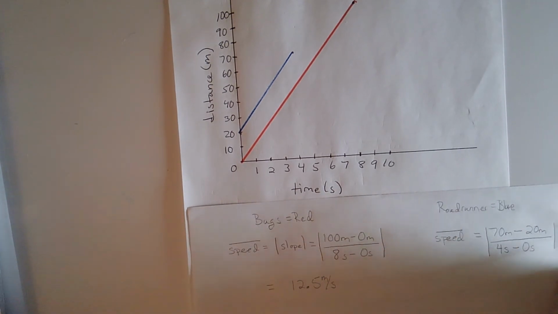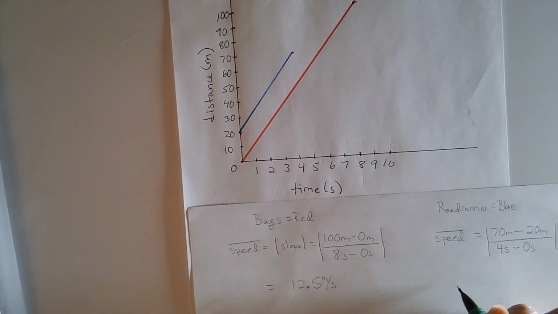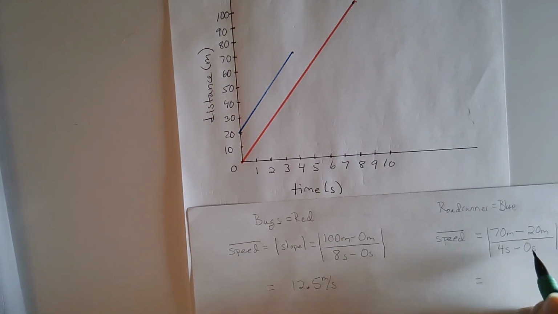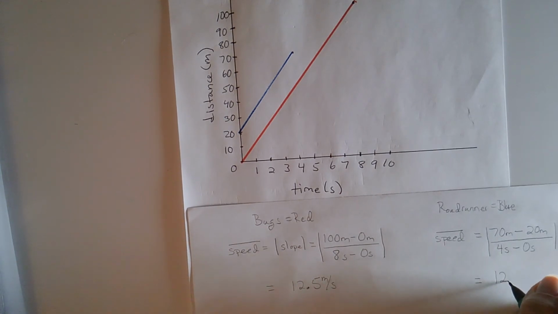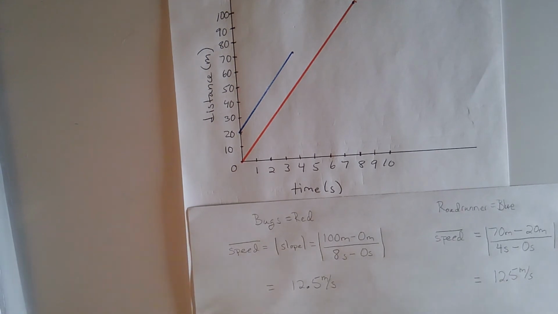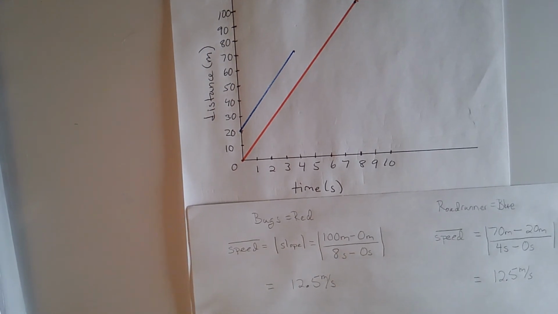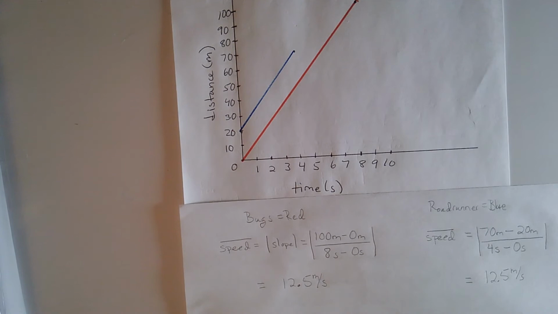We're going to take the absolute value of that. Okay, 70 take away 20, so you got 50 divided by 4. Wait a minute. 12.5 meters per second. All that arguing and bickering, and they wind up having the exact same speed.